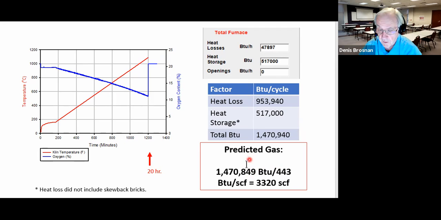So I can take that and divide it by the BTUs per standard cubic foot of natural gas and predict that I would burn 3,320 standard cubic feet in this kiln simulation.